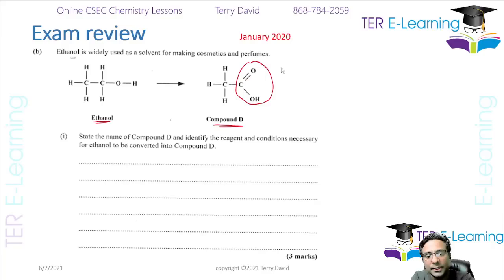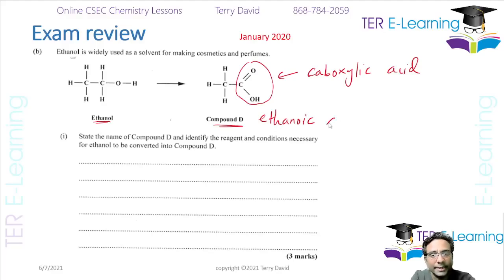You see this group here? This is a carboxylic acid. We're converting the ethanol into an acid, so the name of this compound has to be ethanoic acid.